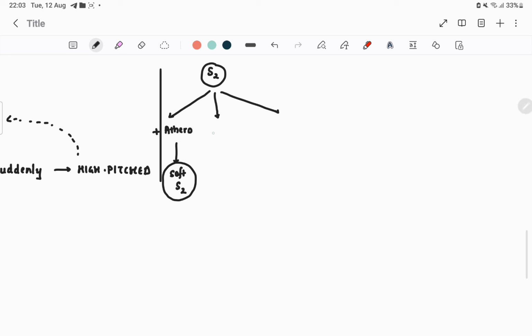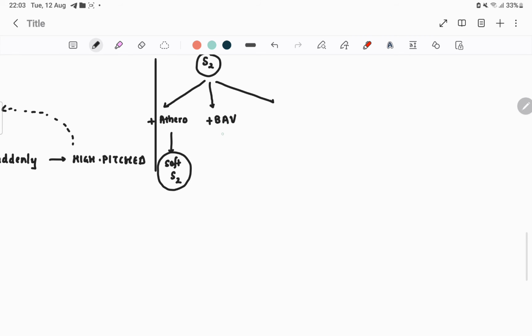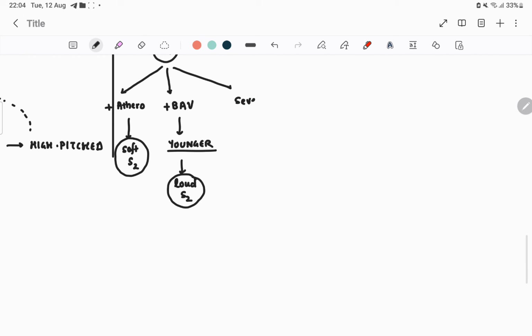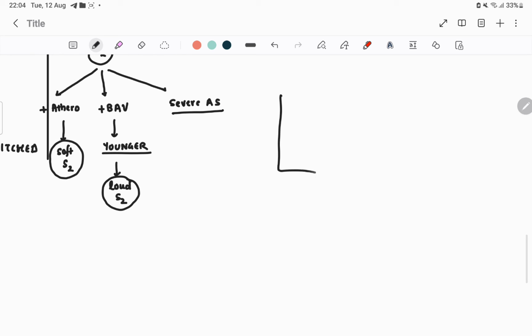If associated with BAV, that is bicuspid aortic valve, the aortic valve is compliant. As BAV occurs in younger patients, it is very compliant. There is no problem with that, so the S2 will be a loud S2. In case of severe AS, just look at this. This is important to understand.